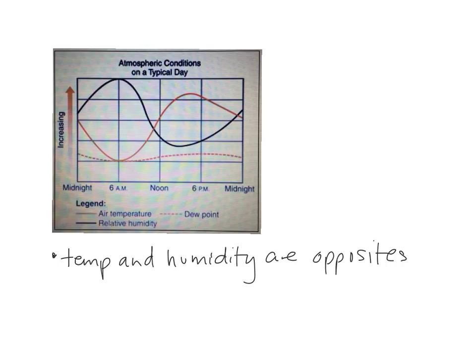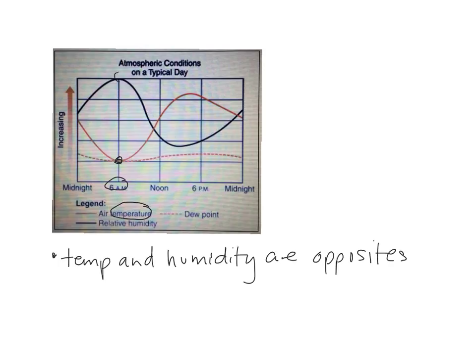And what I mean by that is that when temperature, which is the orange line, not the dotted one, but the solid one, is low, let's choose 6 a.m. right here, okay? When temperature is low, if they're opposites, then that means humidity is high.